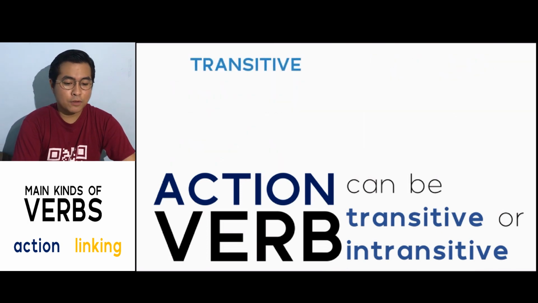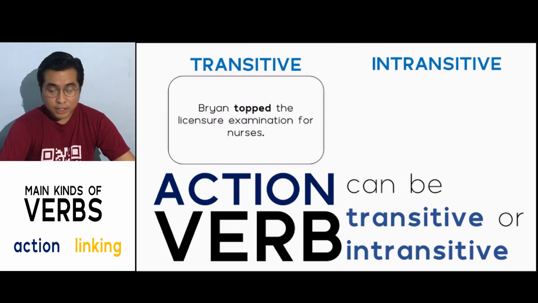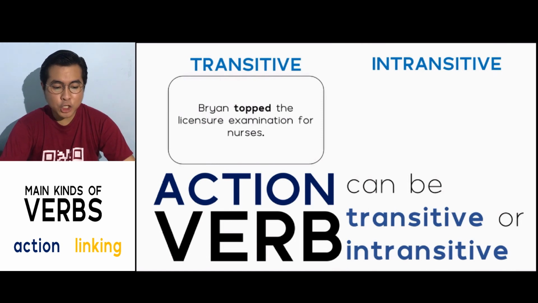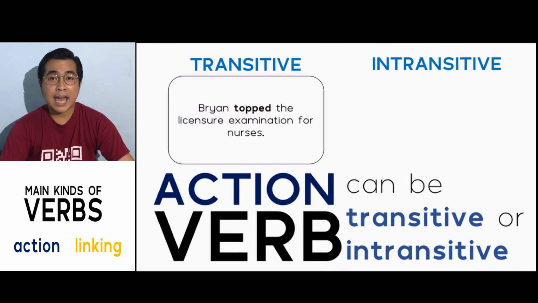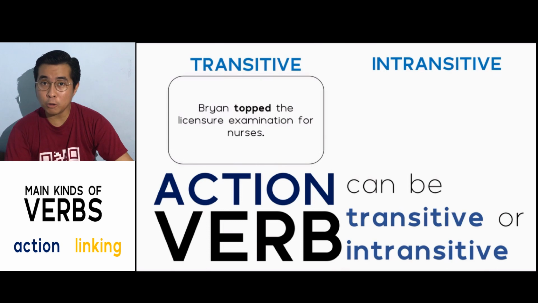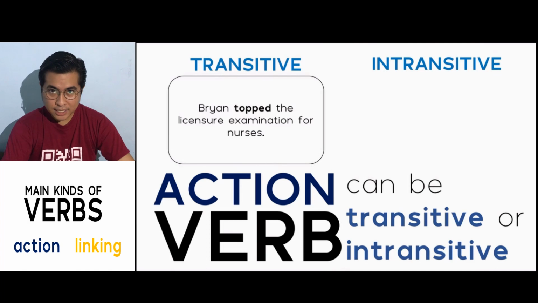In sentences, for transitive verbs, we have the example: Brian topped the licensure examination for nurses. Here your verb is topped, and your subject is Brian. In using transitive verbs, you could test them by asking the question what or whom. If you could find the answer in the sentence, and it is named in the sentence, then that verb is a transitive verb. For example, Brian topped what? Did you see the answer?